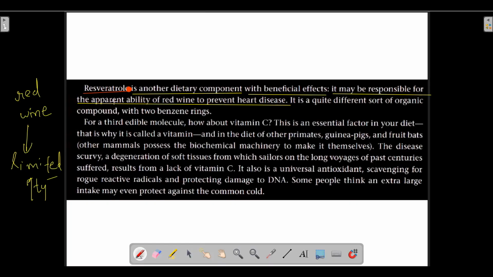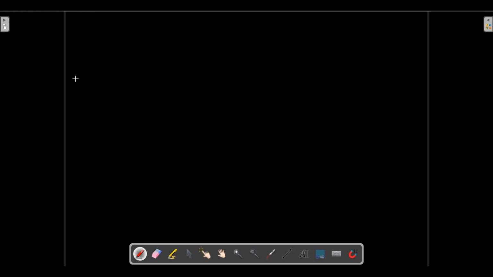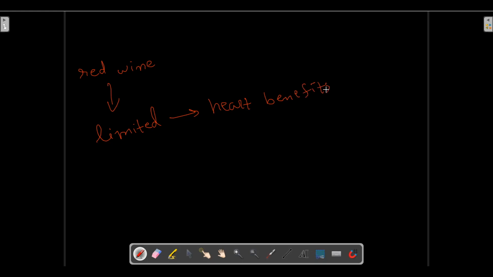But the research also shows that if you drink too much, then the reverse effect will be there. Instead, it will harm you. Even if we take red wine in limited amounts, the heart benefits will be obtained, that is true, but the other effects will be there, like cancer.